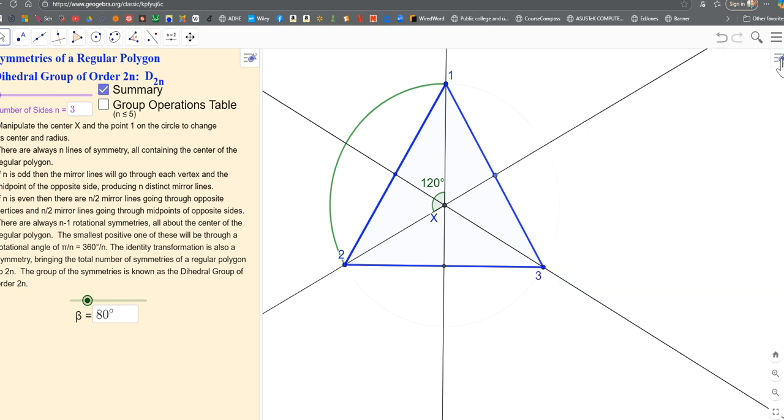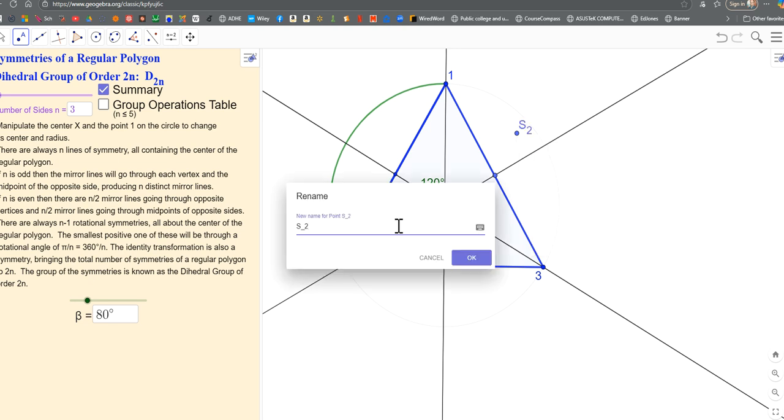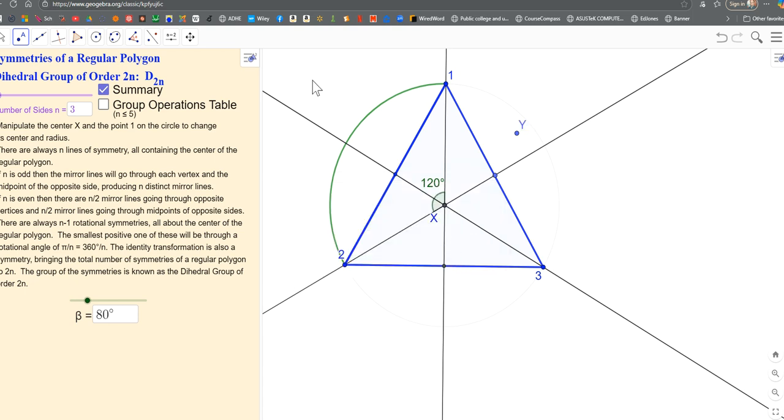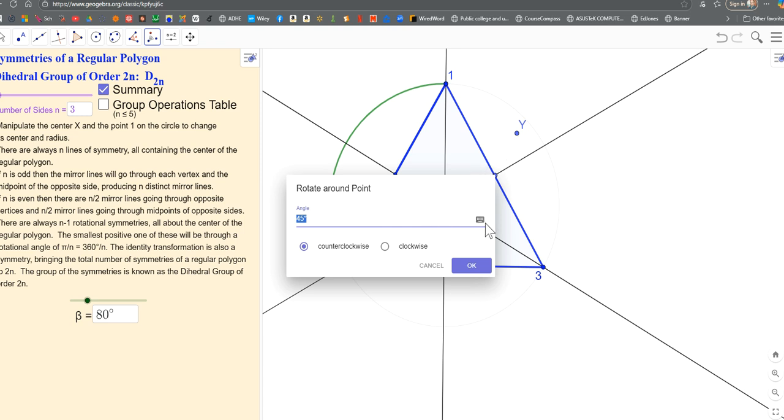Let's take this and make a center point. Yeah, let's rename that Y. And let's take this figure and rotate it, this figure about that point, by angle beta.